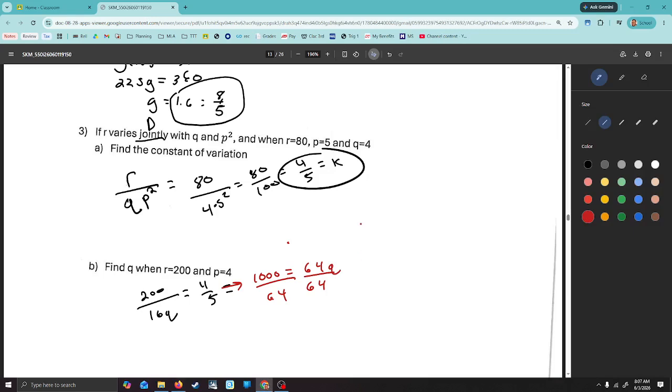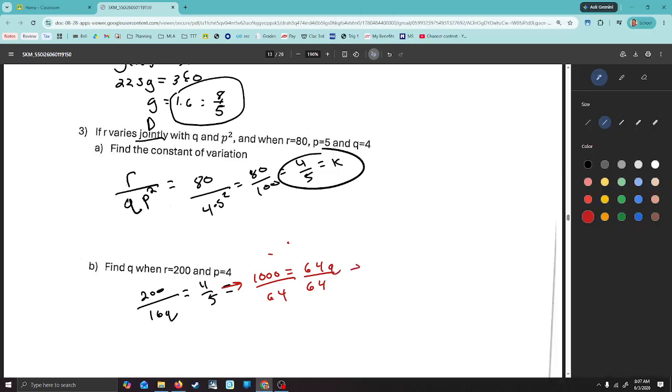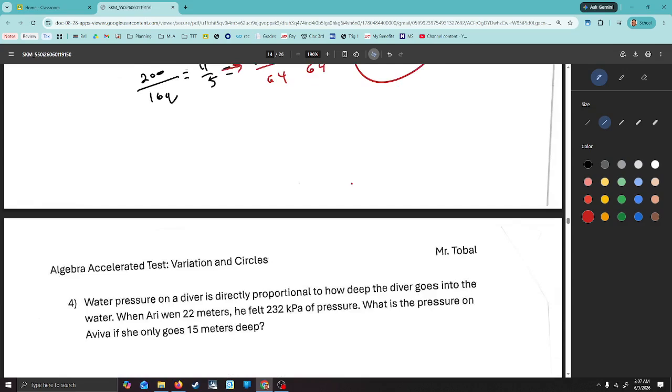Actually, I want to see it as a fraction. 125 over 8. Probably I would write it as 125 over 8 as a multiple choice. Again, make sure you have a calculator for the test.